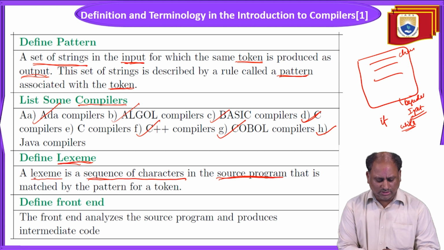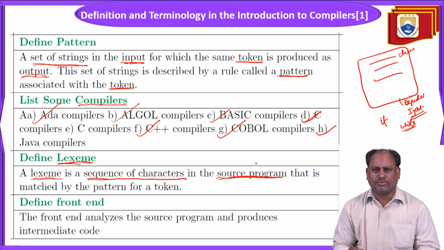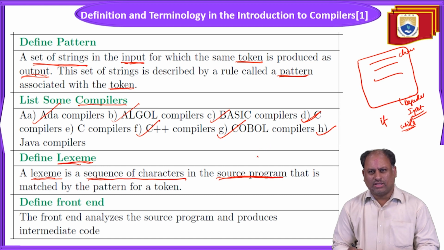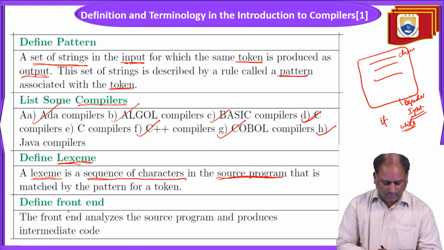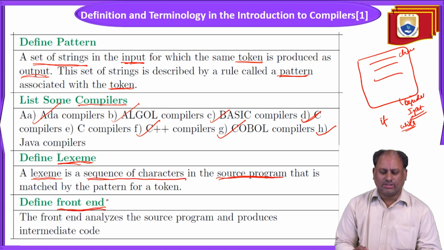This sequence of characters is then processed through pattern matching, and that is identified as an individual word. That is considered as one token. What is the front end that is used inside the compiler notation? Here the front end indicates that the source program is used and produces the intermediate code.